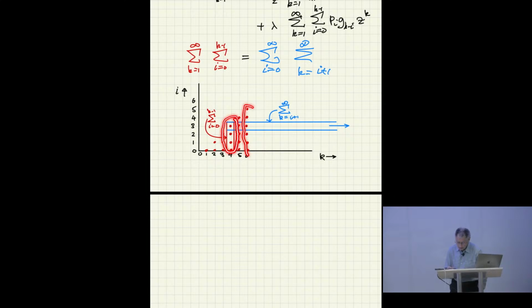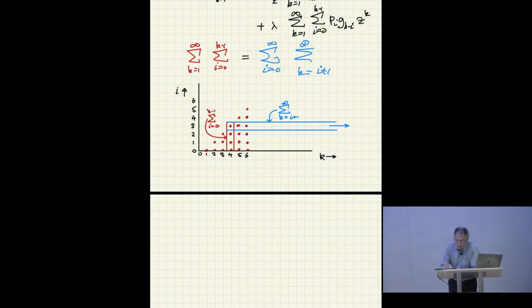Here's another one, and it goes all the way out. You're going to capture all of this. Or you run in these blue rectangles. There's one, here's another, and you're covering the same space. You just have to be careful with the indices, and we've been careful here. Okay.